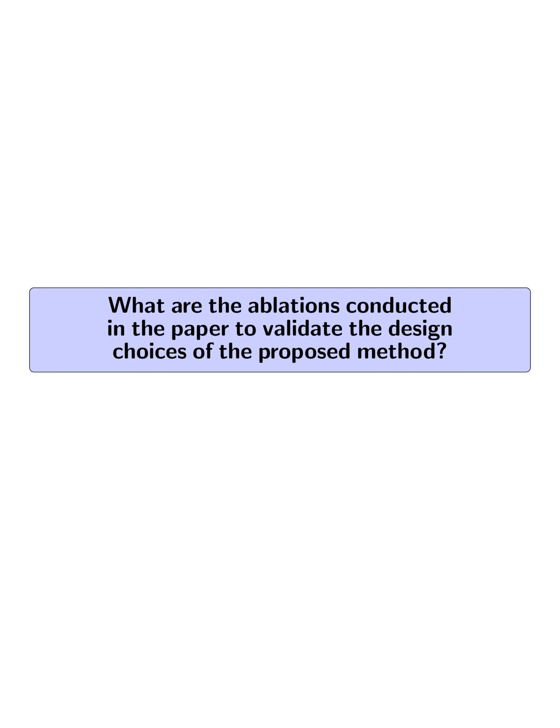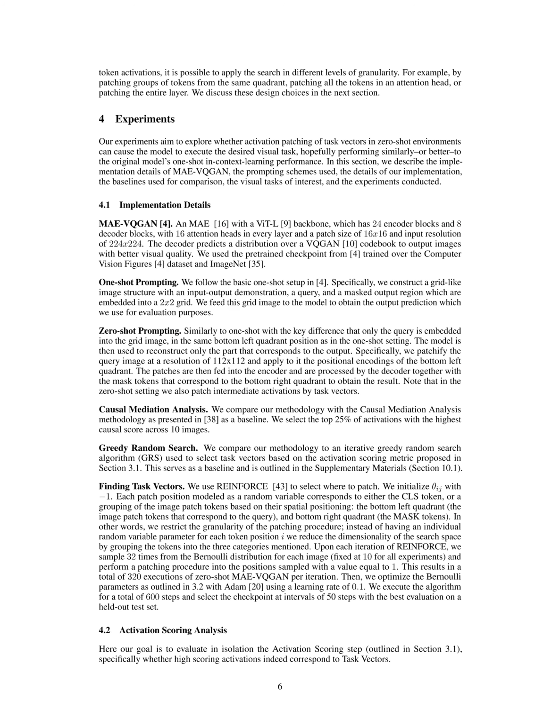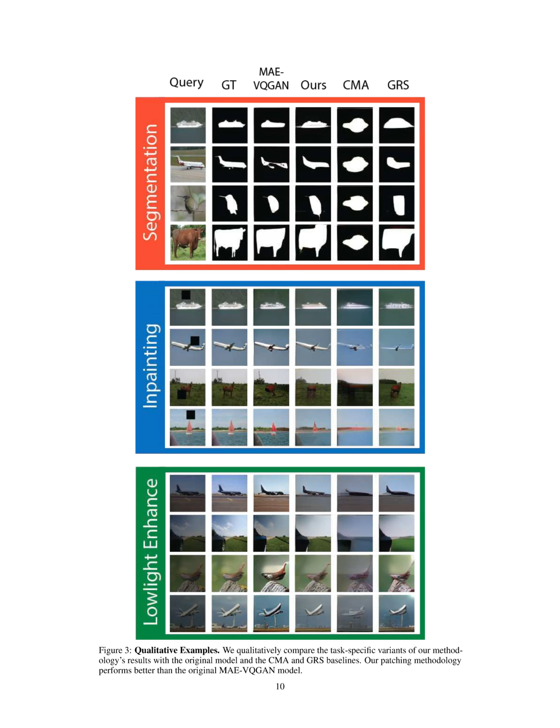What are the ablations conducted in the paper to validate the design choices of the proposed method? The ablations conducted in the paper to validate the design choices of the proposed method include two main experiments: task vectors location in encoder versus decoder, and patching granularity. In the first experiment, the researchers investigated whether interventions in both the encoder and decoder are necessary for task implementation.